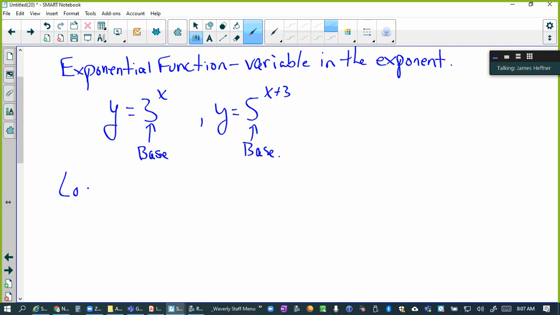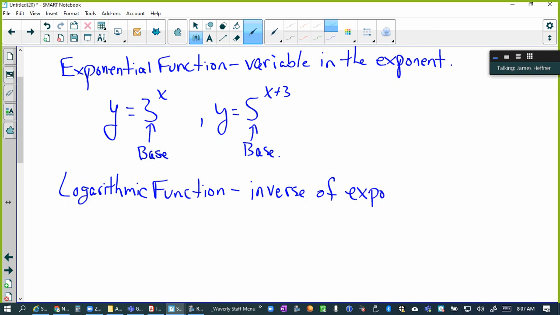So a logarithmic function is the inverse of an exponential function. So it undoes it.